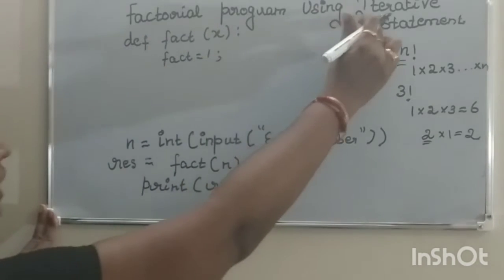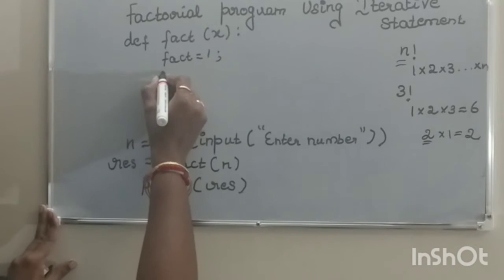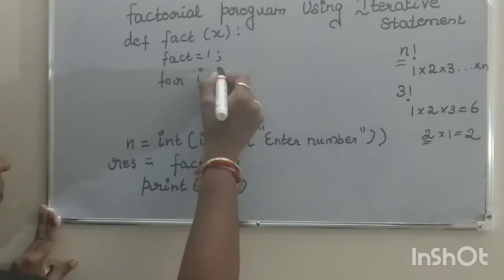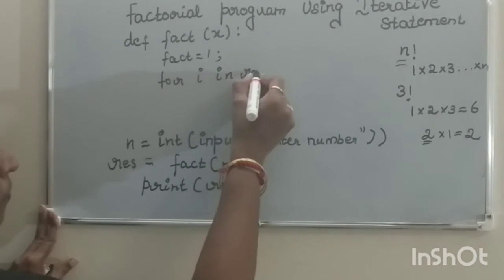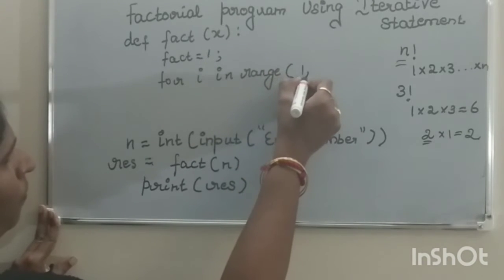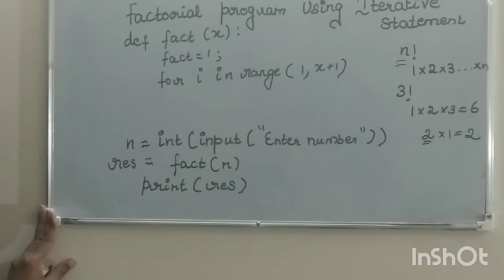Next, it is an iterative statement. We have to use a loop statement. It may be a while loop or a for loop. Here I am going to use a for loop. Here I am using the range function. The range function is a built-in function in Python.